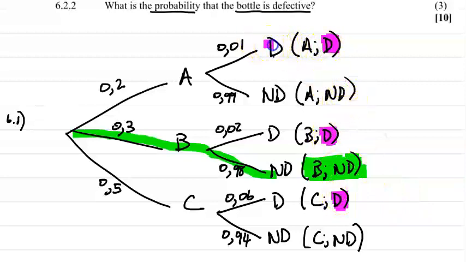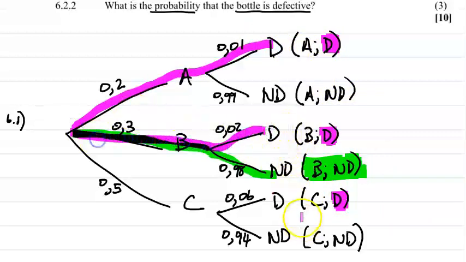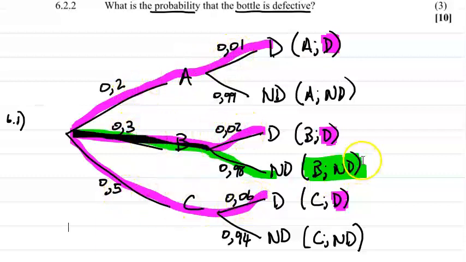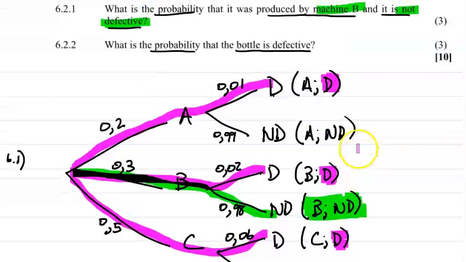So now we have to follow this down to the root once again. And then we have to multiply each branch: 0.2 times 0.01 plus 0.3 times 0.02 plus 0.5 times 0.06. And then that will be our probability of a bottle that is going to be defective.